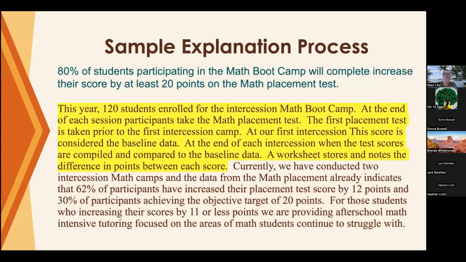Here's another example showing again how many students are being served, when that activity is occurring, when the placement test, that's the example here, is occurring. Talking about baseline data. So again, just really providing more context around the quantitative data you provided in the charts above.